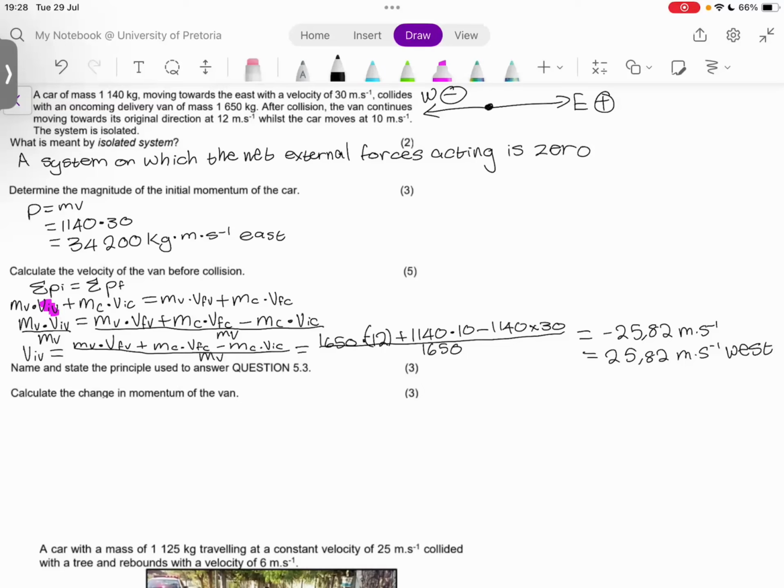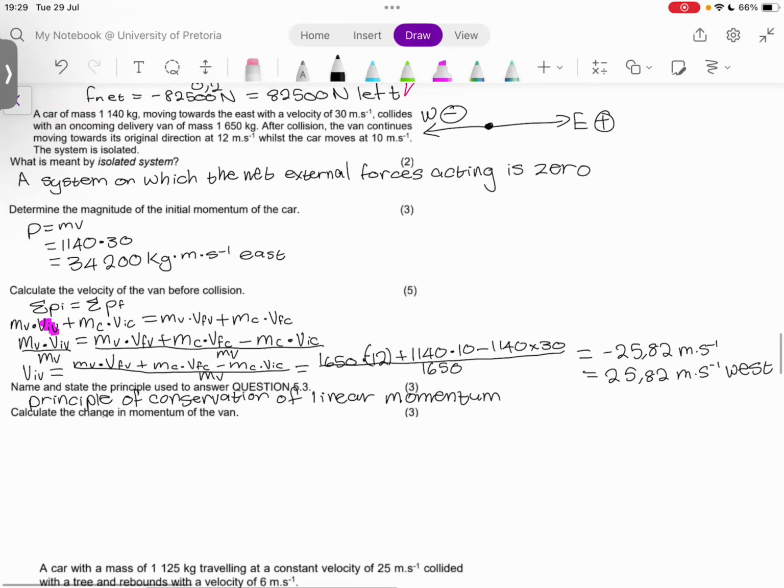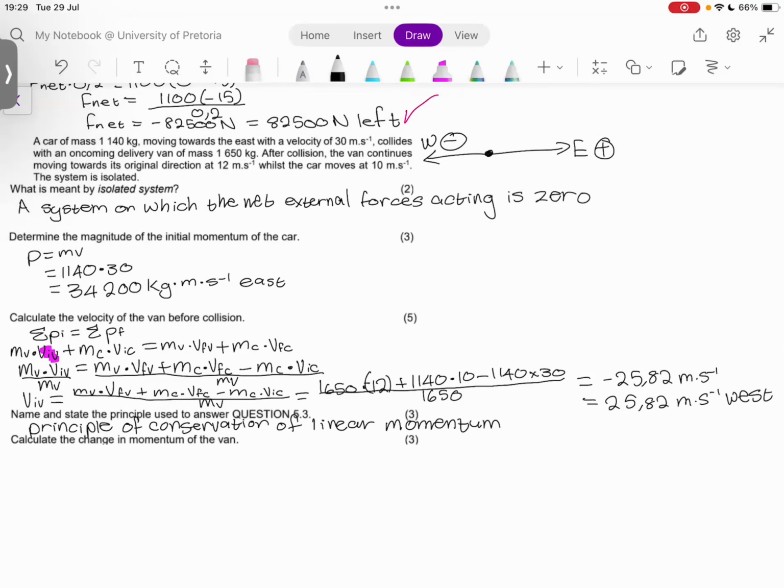Again, that is the principle of conservation of linear momentum. In all that we've done up until this point, we have quite literally been doing the same thing, but they just switch it up in minor ways each time. And I hope you guys are able to see that.